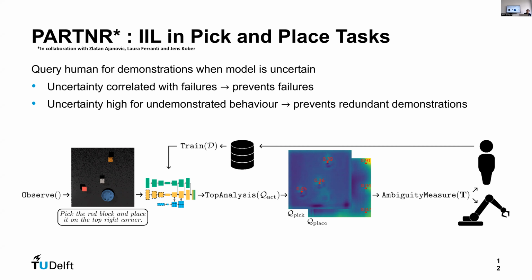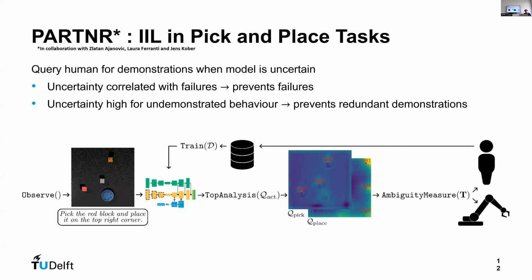If you remember, we have this pixelwise value function. That's the output of this network, and we obtain demonstrations from humans. So we have an observation in our demonstration data set, which is this depth image and a language command.